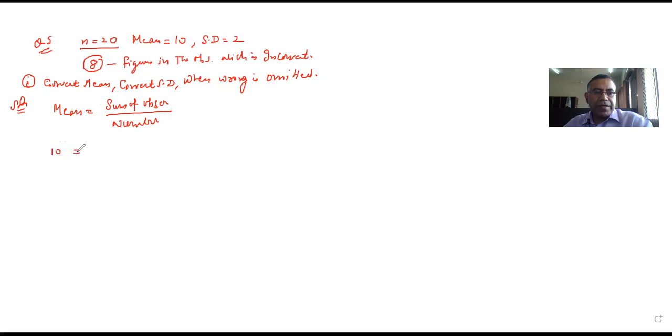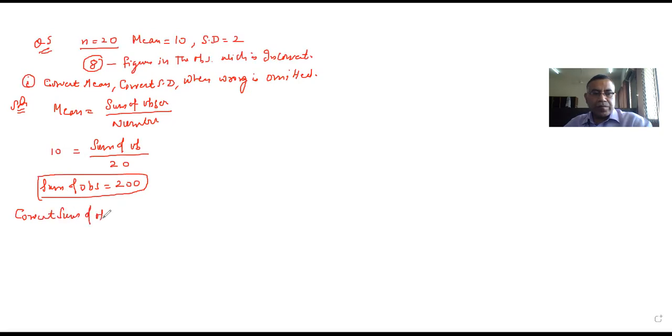He has given us mean 10, and the number of observations is 20. So the sum of observations is 200. Correct sum: 200 minus the wrong figure, which is 8, so now it is 192.